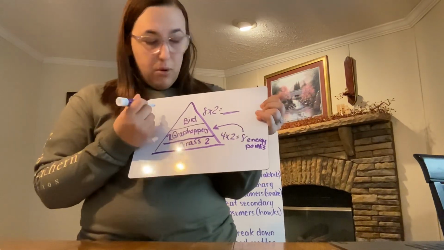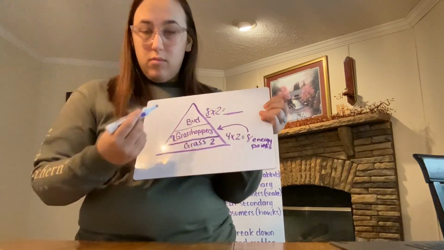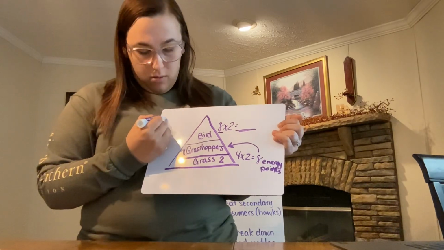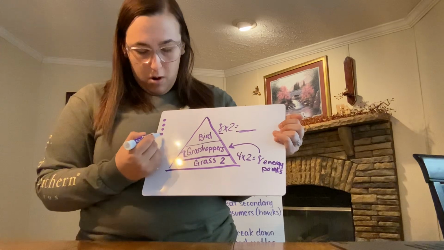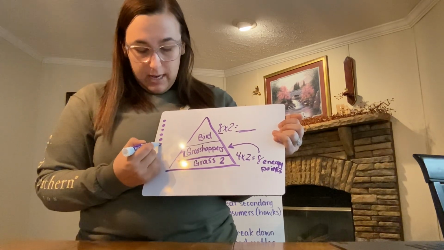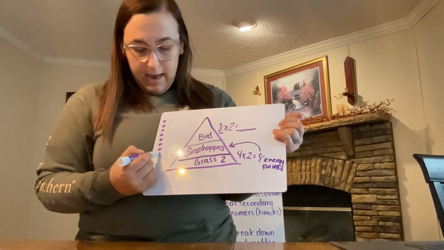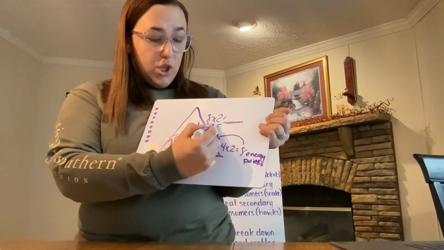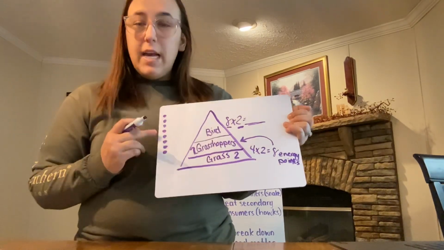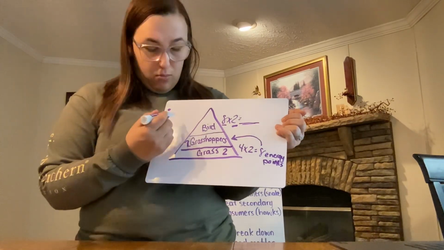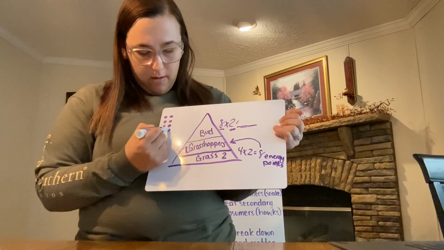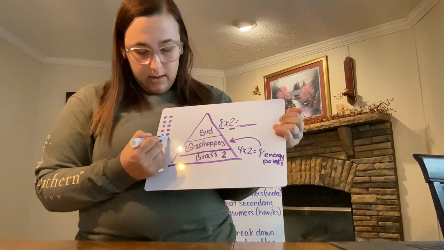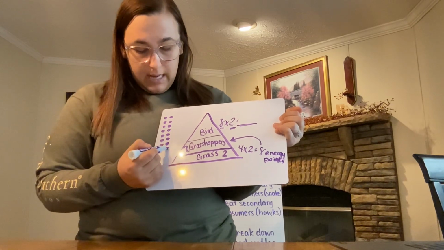Okay? So we would start out with 8. So let's do 8 rows. 1, 2, 3, 4, 5, 6, 7, 8. And then we need 2 columns. We already have 1 column, so we just need to add 1 more. 1, 2, 3, 4, 5, 6, 7, 8.